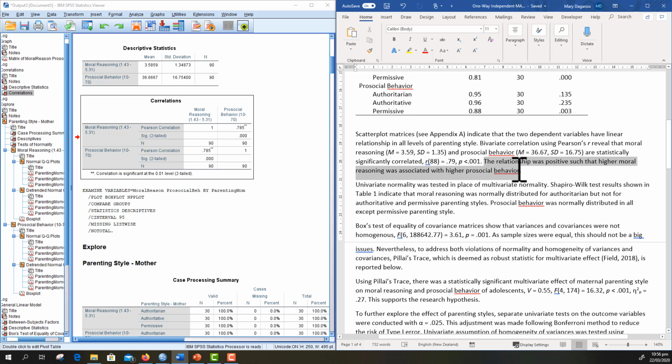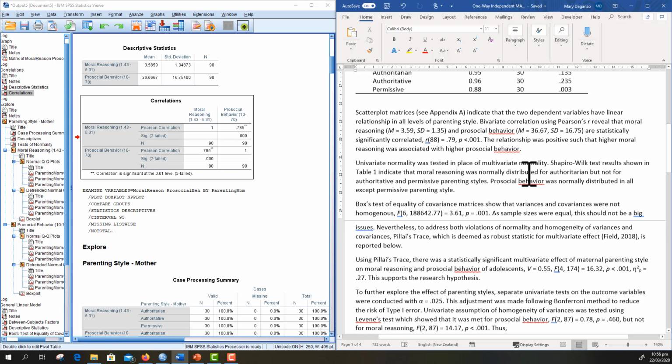And then you can also add an interpretation of that correlation. So we have the valence or the sign, whether positive or negative, or rather the direction of the relationship, and the interpretation of that direction. Okay, in this case, higher moral reasoning is associated with higher pro-social behavior.